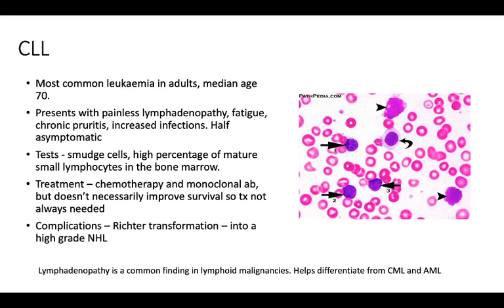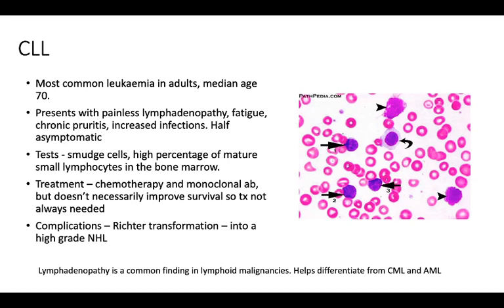In terms of treatment, treatment is not always needed in CLL because even if you give them chemotherapy or monoclonal antibodies, it doesn't always improve their survival, as it's a slow growing, very low grade leukemia.